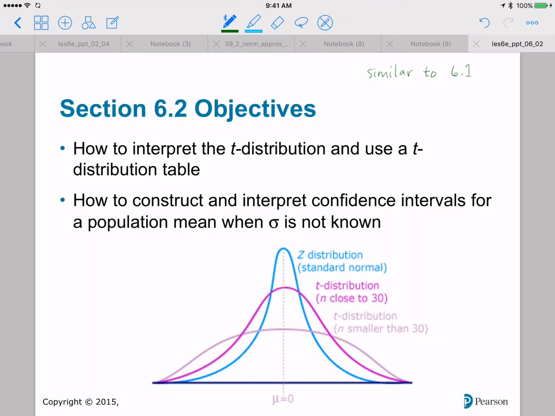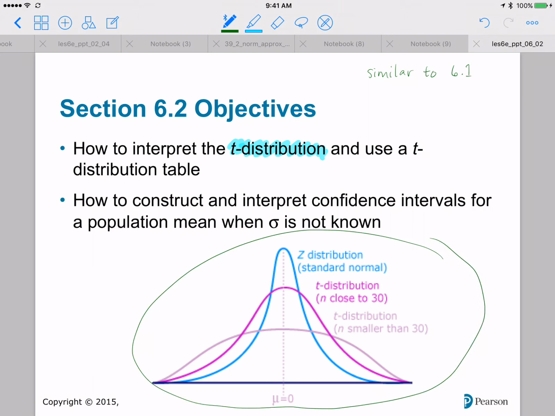There are two new concepts that we need to be able to master. The first is the concept of a t-distribution, right? So we want to know how to interpret the t-distribution. This is a brand new distribution. If we look at this graph, we can get an idea of the t-distribution.